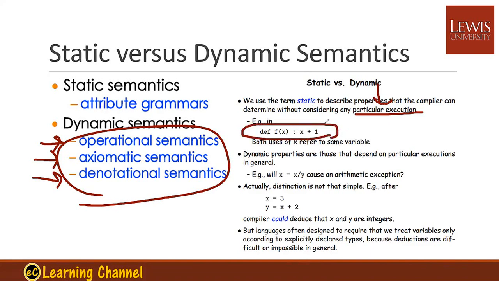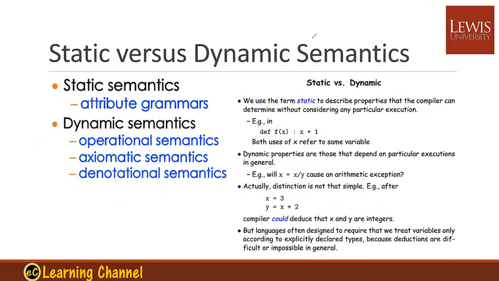This one is a static thing: you just return, just perform x plus 1. If you have a division that will create an exception, the compiler could only deduce them to be integers. The language design requires us to work on the variable only. So something operational, you will not be able to find. You only declare a tree, but the tree threatened to call and call being wrong is beyond its capability.